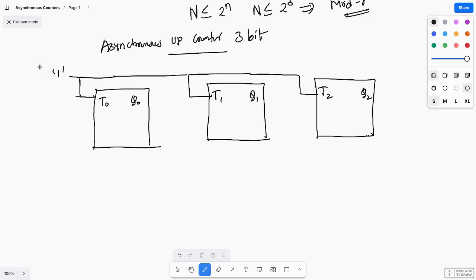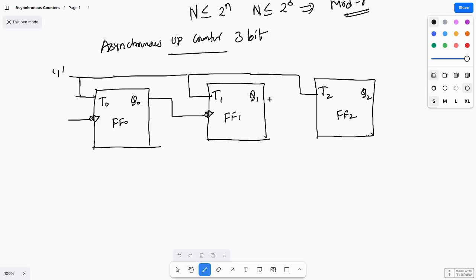So I'm giving logic 1, and I'm using the negative edge of the clock. You can write these as flip-flop 0, flip-flop 1, and flip-flop 2. If I am using the negative edge of the clock, Q is acting as a clock to the next flip-flop.